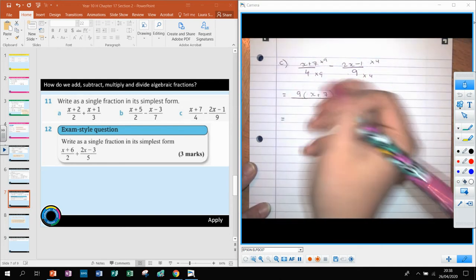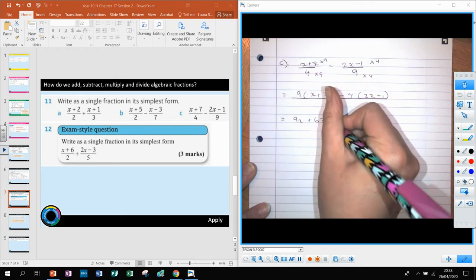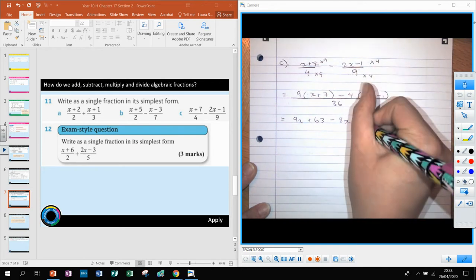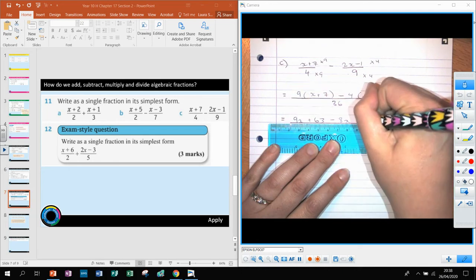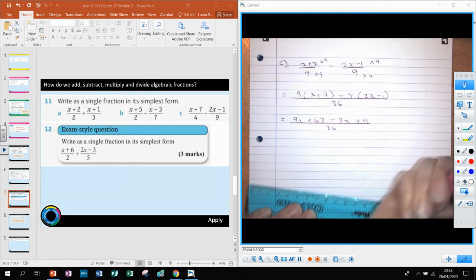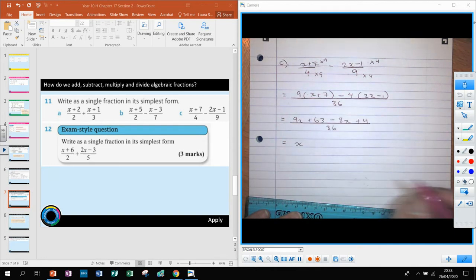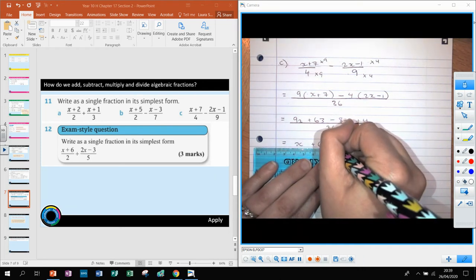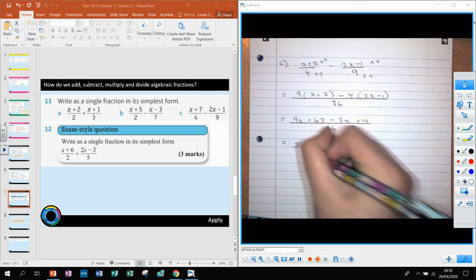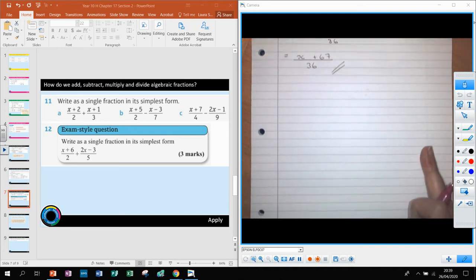Now at this stage, we're going to expand: 9x plus 63 minus 8x plus 4. Okay. All over 36. And now we can simplify. 9x take away 8x is 1x. We don't need to write the 1. And 63 plus 4 is 67, and that is all over 36. Okay, lovely. Well done.